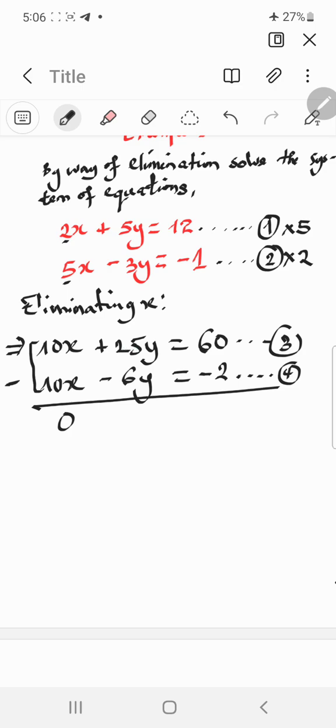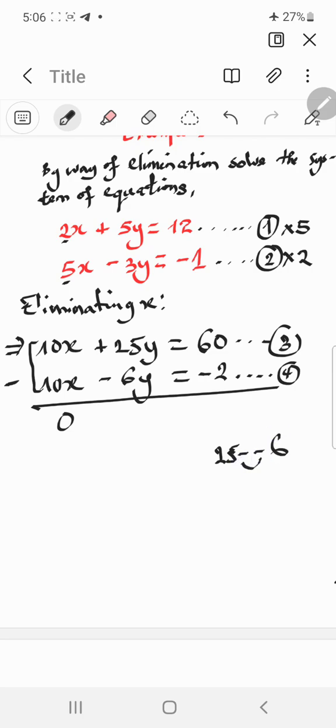Now, 25, look at this, be careful. 25 minus, this minus here, negative 6. 25y minus negative 6y.